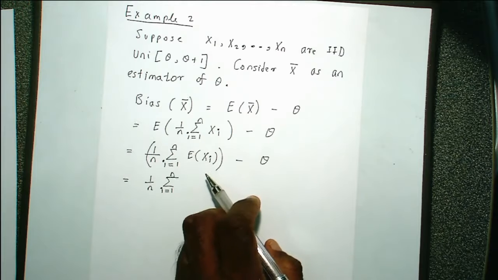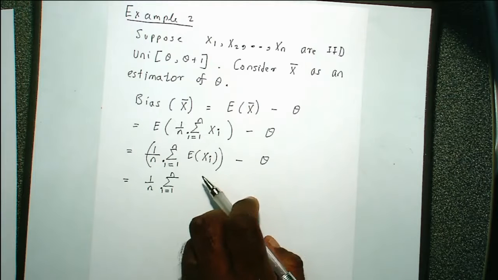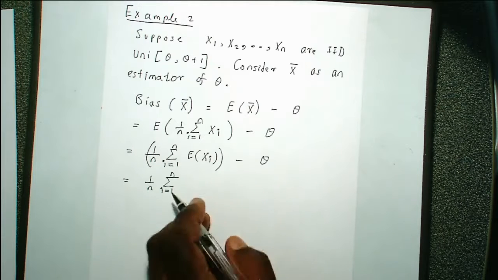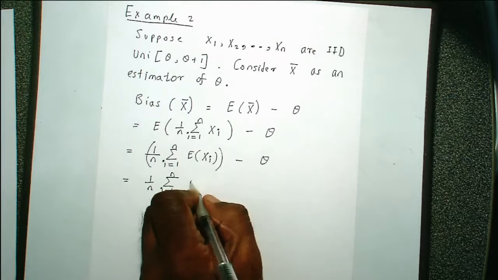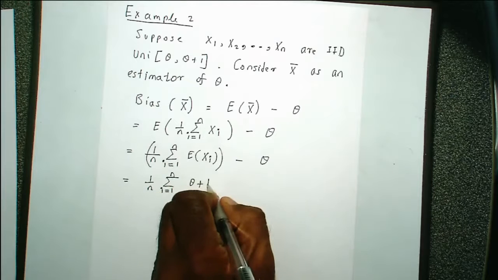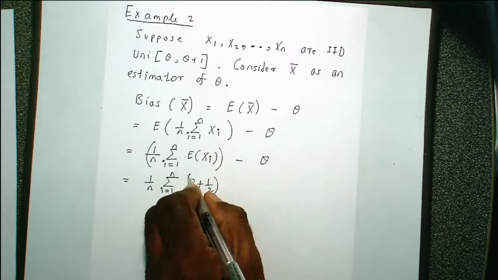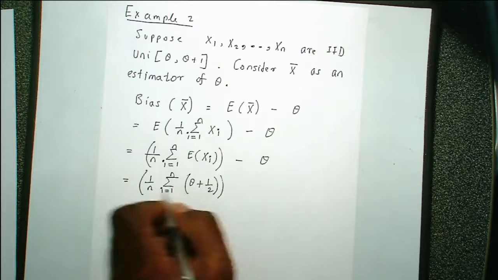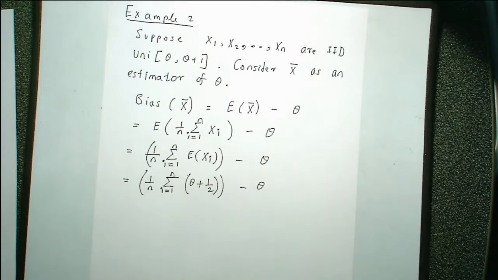The expectation of xi is half of a plus b, right, which is theta plus, for a uniform variable from a to b, the expectation is a plus b divided by 2.